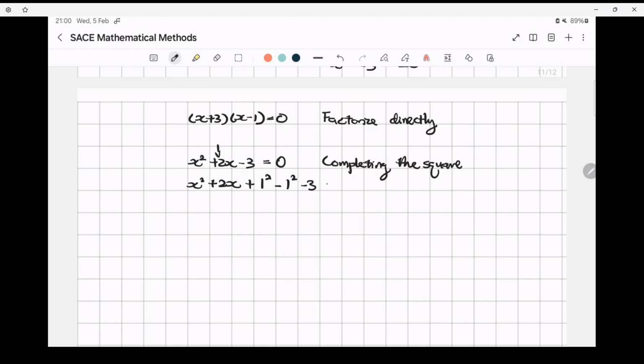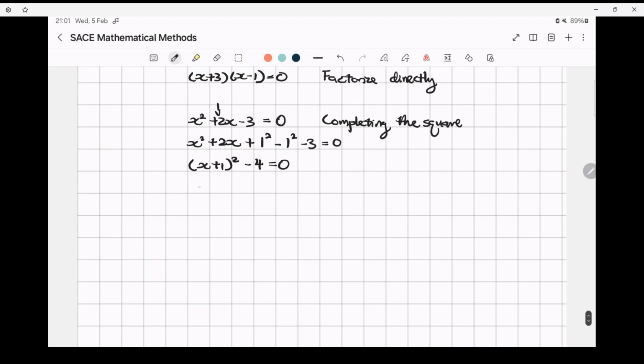Then you write down minus 3 as usual. So the first 3 terms, x squared plus 2x plus 1, is actually just x plus 1 squared. And then you have minus 1, minus 3, so minus 4 equals 0. So then you have x plus 1 squared equals 4.